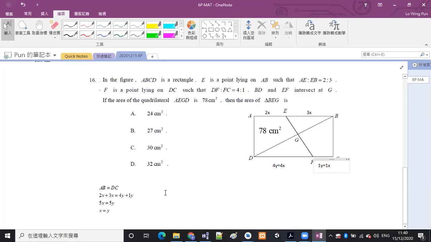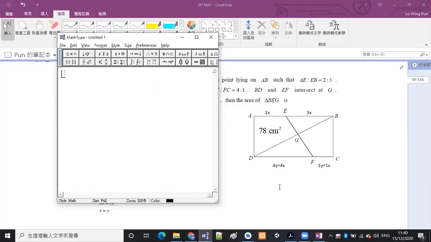So triangle GEB is similar to triangle GFD, because the two opposite sides are parallel, so all the corresponding angles are equal. It's AAA.